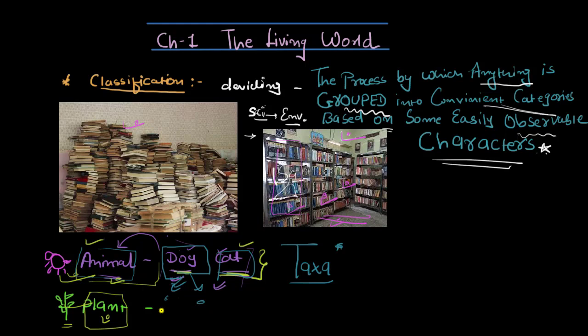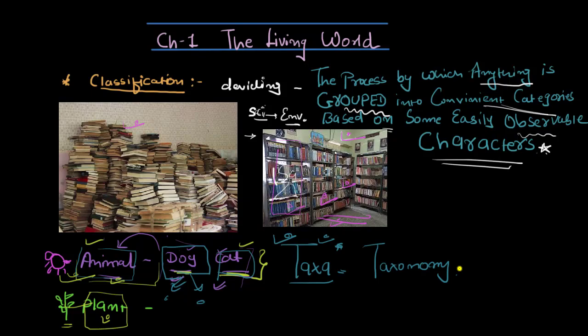So all of these are taxa at their respective levels. This is just a scientific word for a classification or a grouping. Each class is called a taxa, and this whole process of classifying is called taxonomy.